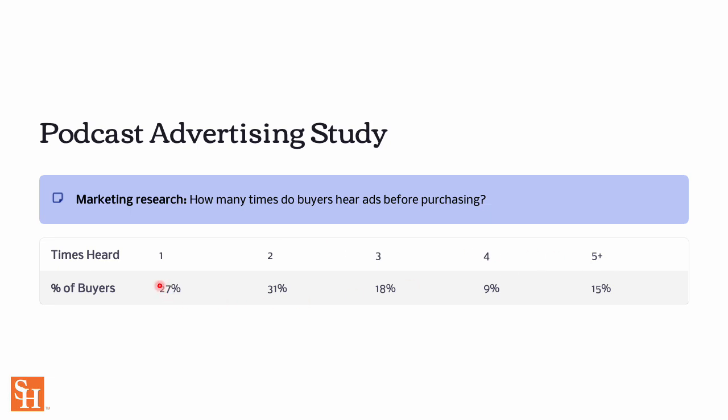So here 27% of the buyers check the advertisement once, 31% check the advertisement twice, and 18% check the advertisement thrice before buying the product, right? And now we'll see how we can calculate mean and variance for this problem in the next slide.